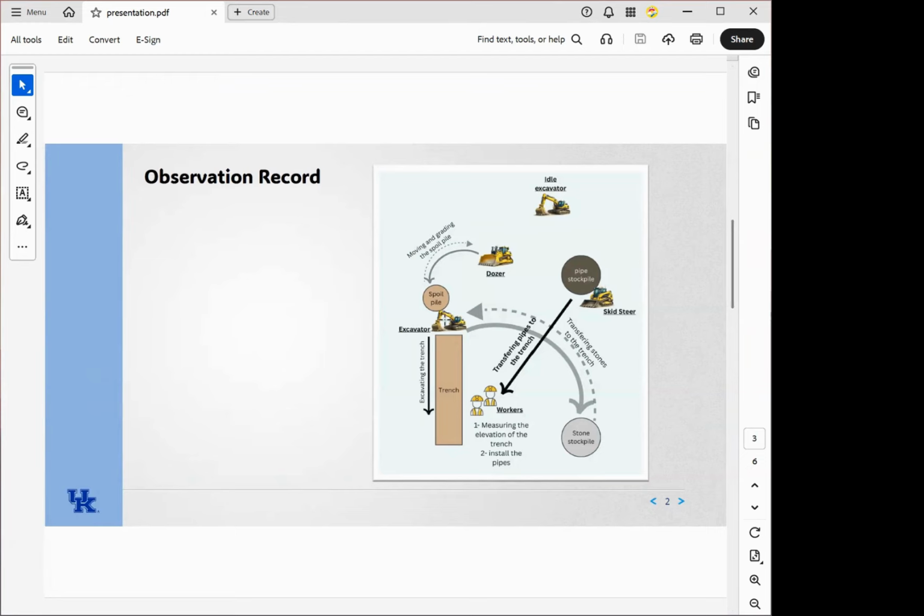So we've got the excavator and the trench site. We had the dozer that was moving that spoil pile as the excavator excavated that material. There was stone stockpiled in one area and then pipe stockpiled on the far end. Also an additional excavator that was just parked there all day.